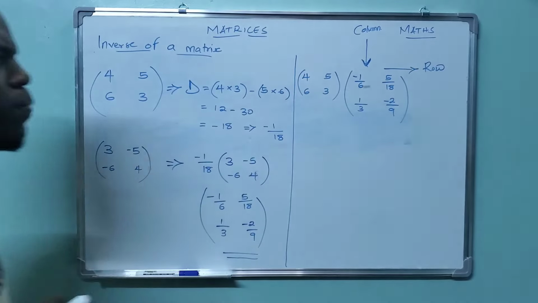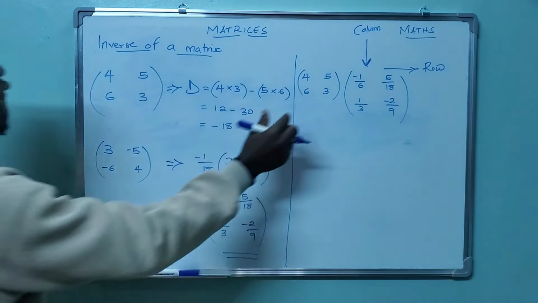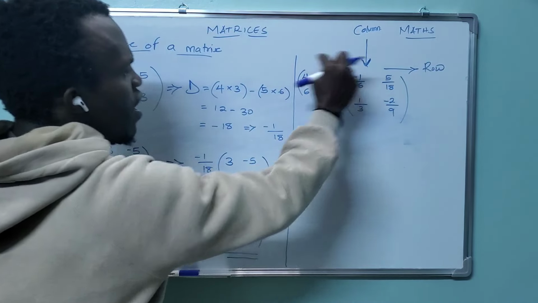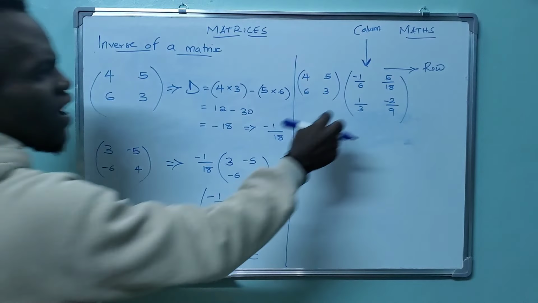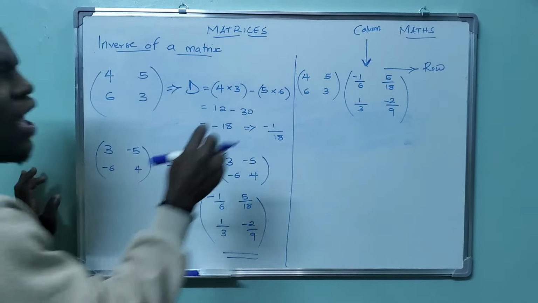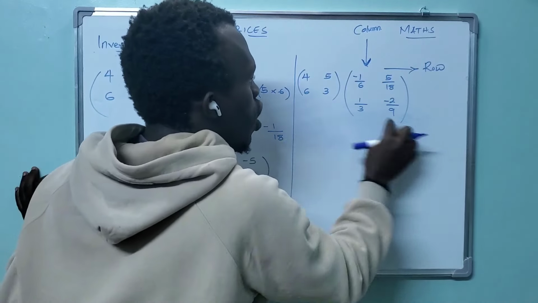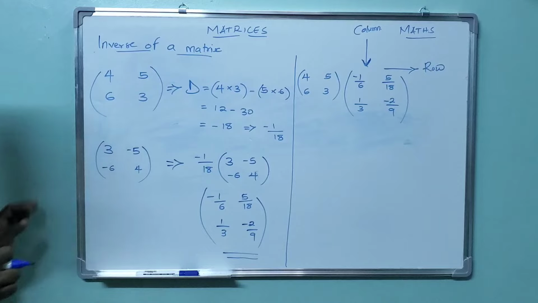Now, I want us to multiply that. Remember, during multiplication, we said that for the first matrix, consider the row, and for the second matrix, consider the column. So I'm going to multiply this row with both the columns before I come to the second row.